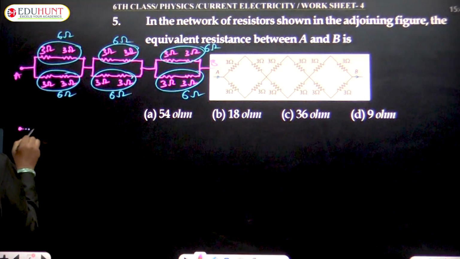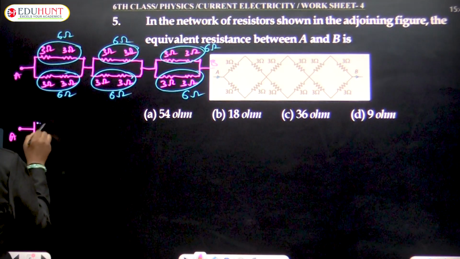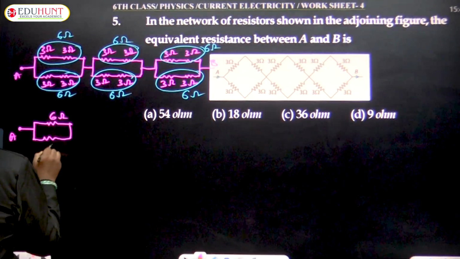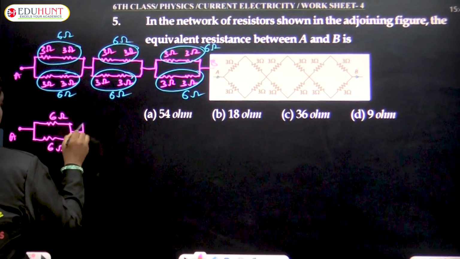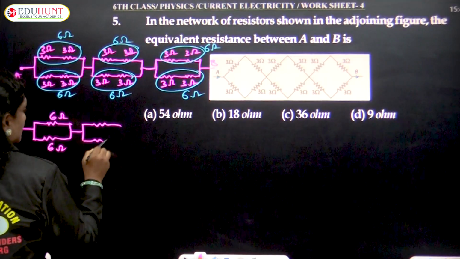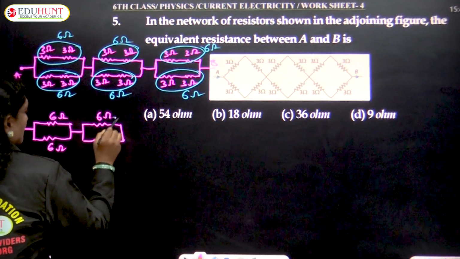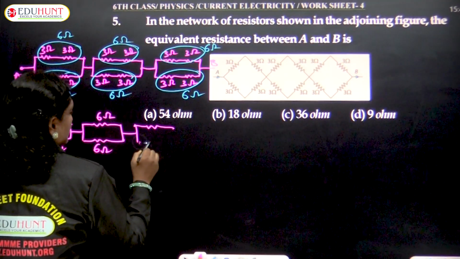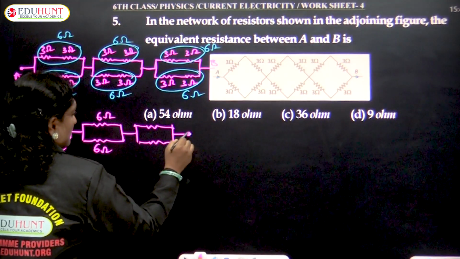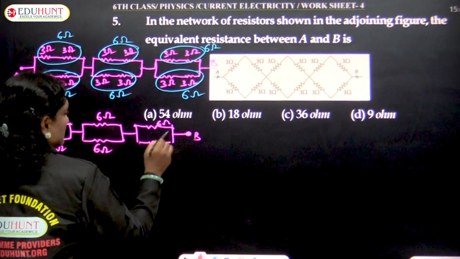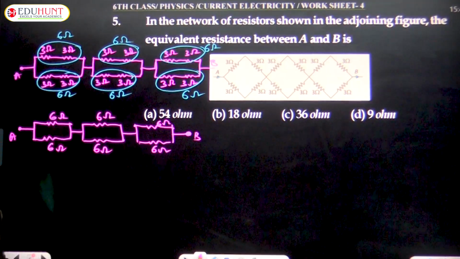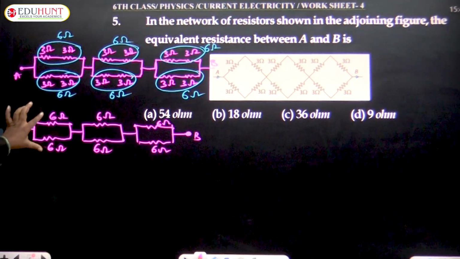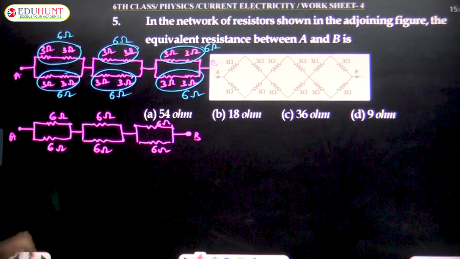So fixing the value of A, upper we got 6 ohm, bottom also you found to be 6 ohm. Second part of the picture, middle part 6 ohm and 6 ohm, and finally further connected to 6 ohm and 6 ohm as shown in the figure, finally to B. Very clear, 2 equal resistors of 6 and 6 connected in parallel.